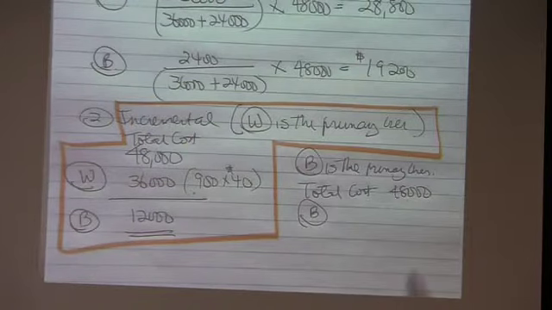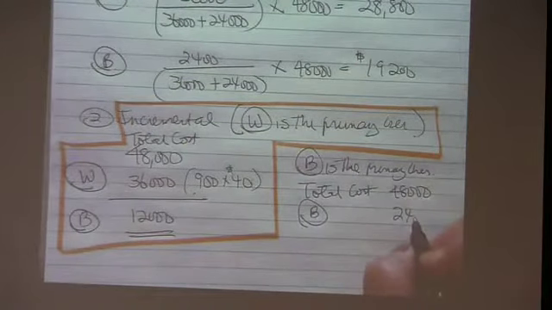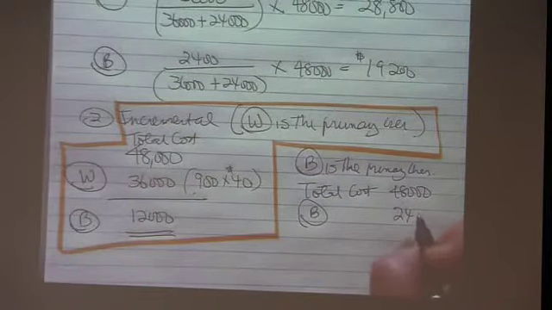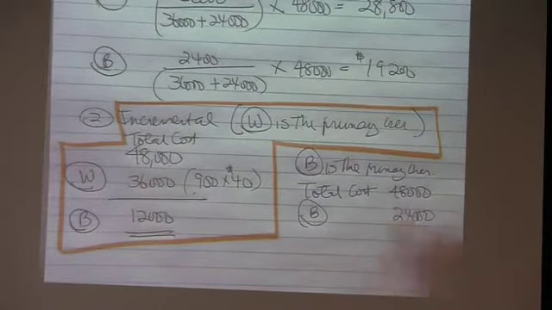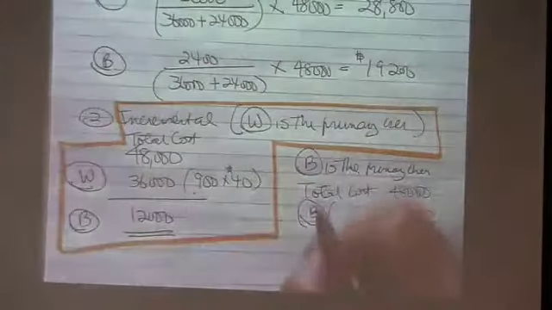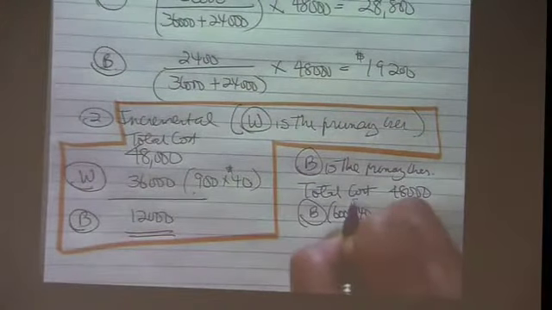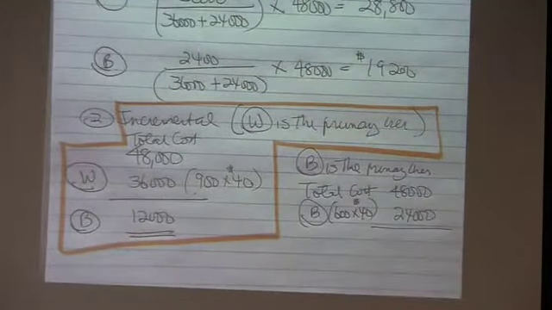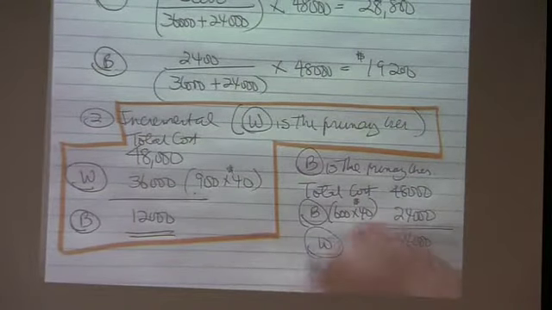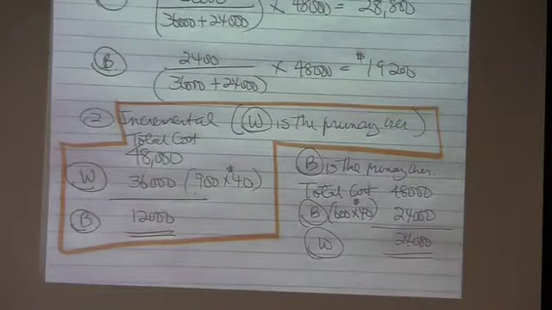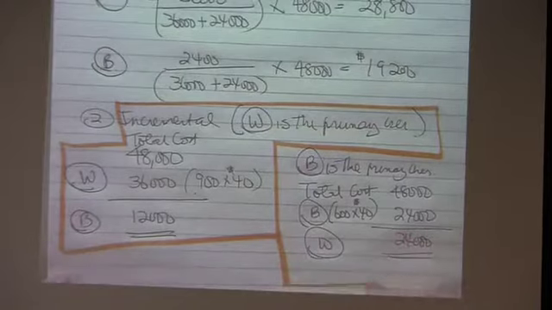In that case, it would be 24,000, 600 times $40. And the difference goes to W.